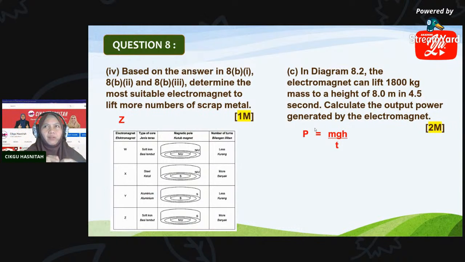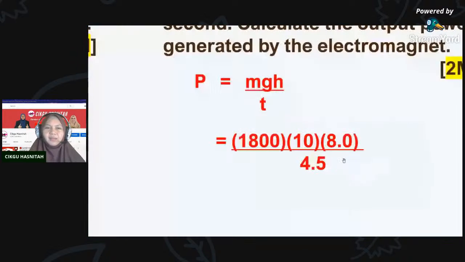So rate of gravitational potential energy means gravitational potential energy divided by time. mgh divided by t. So m 1,800, where g is gravity, 10, and height is h, 8 meter. The time is 4.5 seconds.